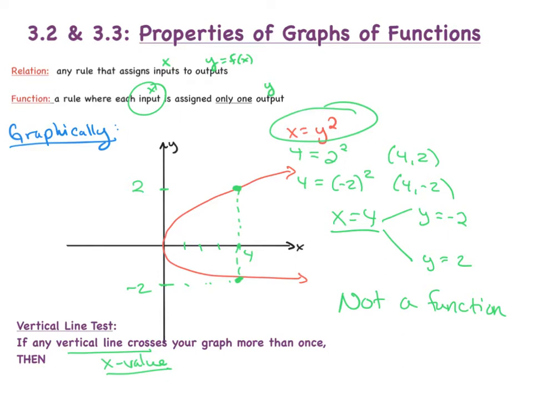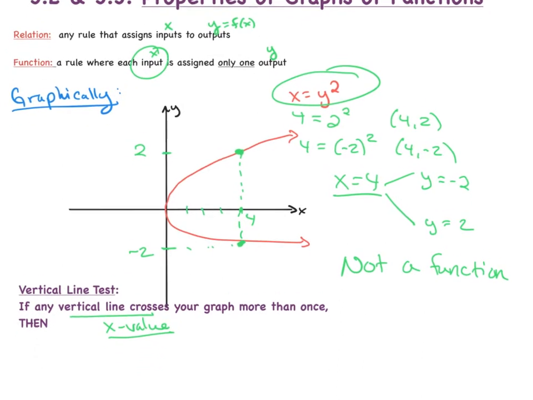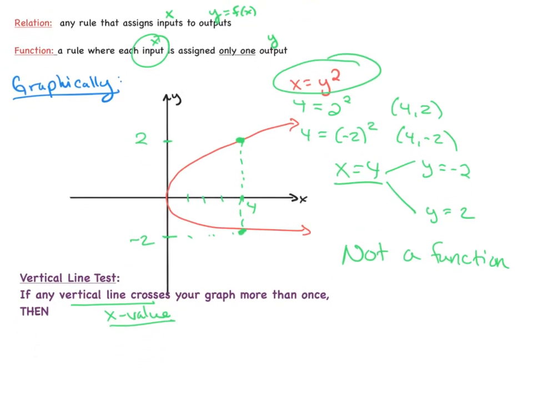Then, let me scooch our graph up just a little bit, then that graph is not a function. So if any vertical line crosses your graph more than one time, then that graph is not a function. So here is our vertical line that I can't draw very well.